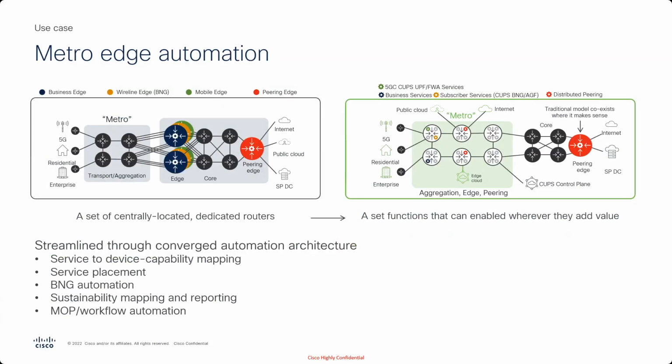And traditionally, these edge devices are very centralized in a few locations. And this is the picture that I see on the left portion. If you look at a network, you definitely have the user, you have the metro network that is used for doing the aggregation, and then you have the core.